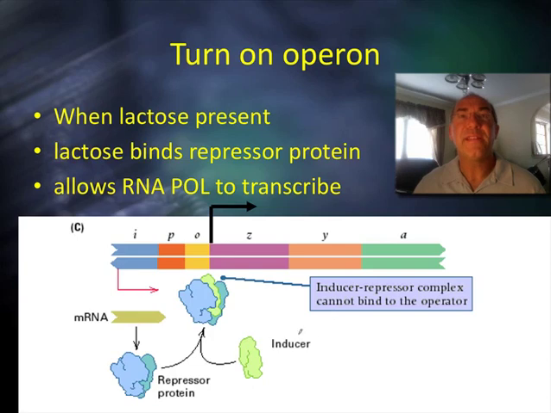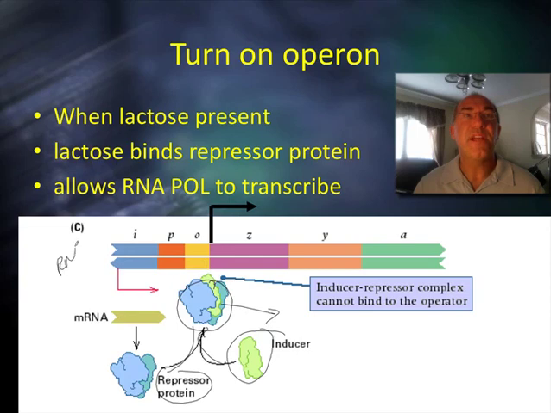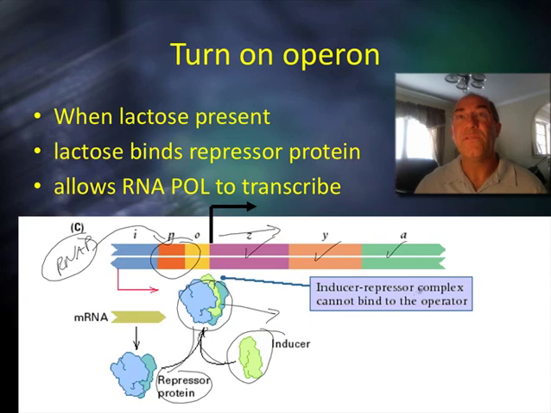If on the other hand the inducer molecule is present, then it will bind with the repressor protein to inactivate it, which then goes away, which then frees up the promoter region, allowing RNA polymerase to bind and therefore allowing transcription. And so you get expression of these three genes, which means that you can then get lactose broken down.